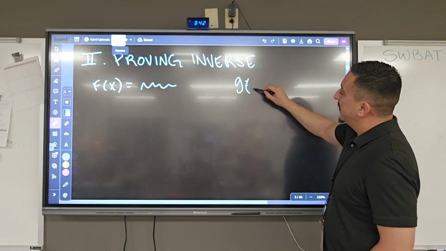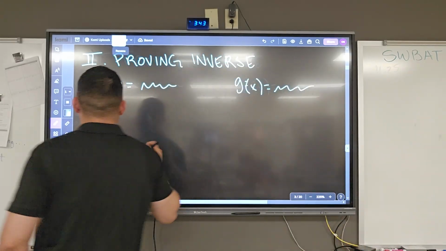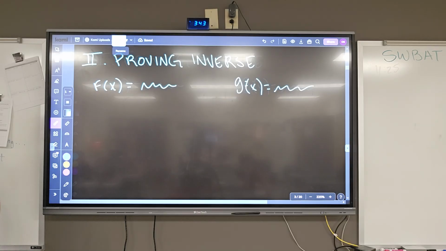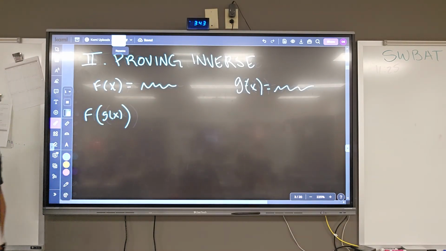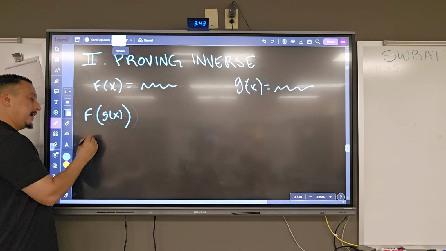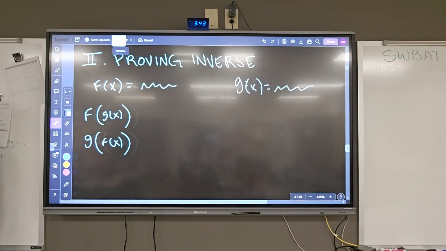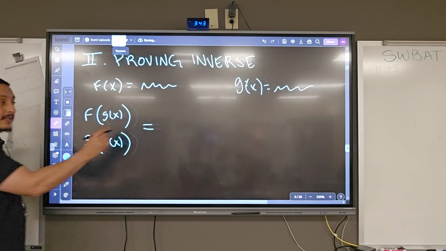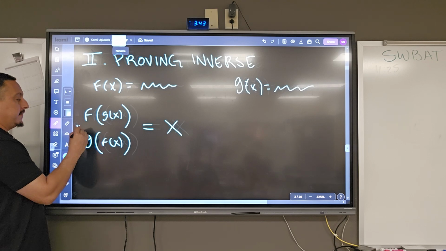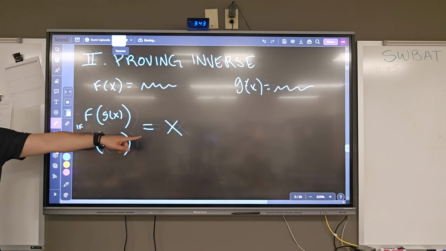So if g of x was whatever, it doesn't matter. If you compose, so that's what you've been learning the last 2 days, if you plug g into f, whatever they are, or you plug f into g, and your answer to either one of those is x, that happened yesterday.